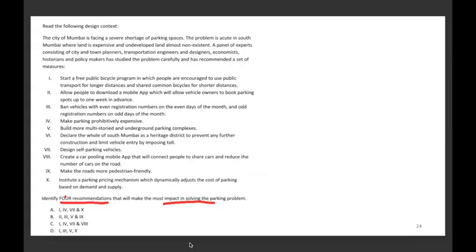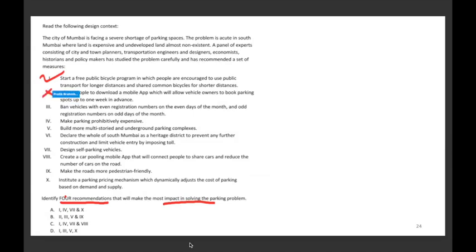So, recommendation 1 says, start a free public bicycle program which encourages people to use public transport and share common bicycles. This is fine, not a problem. 2 says, allow people to download a mobile app which will allow vehicles to book parking spots up to 1 week in advance.